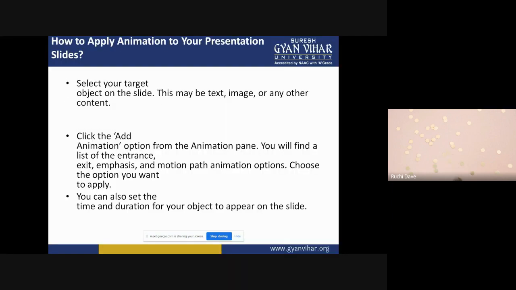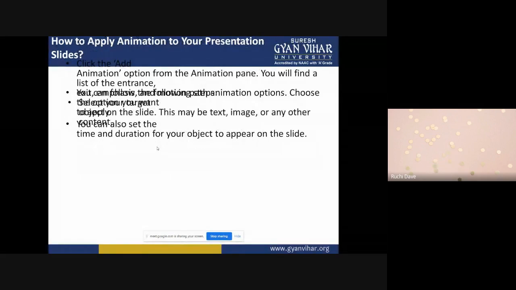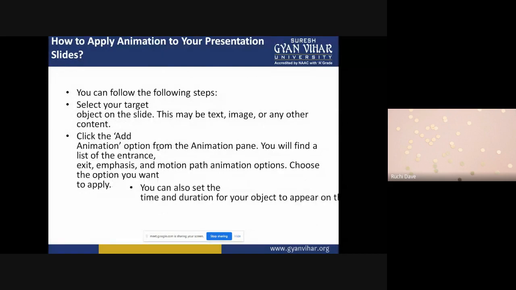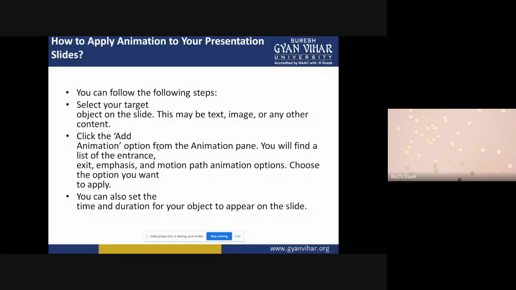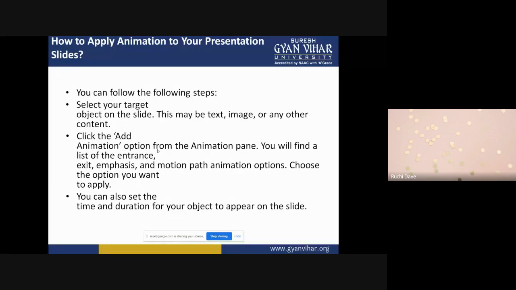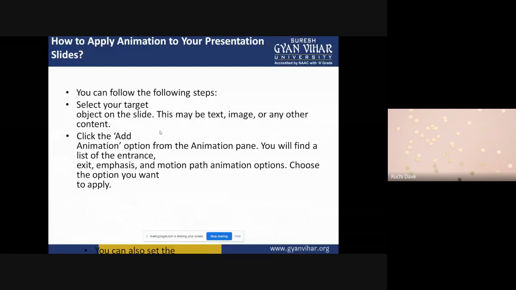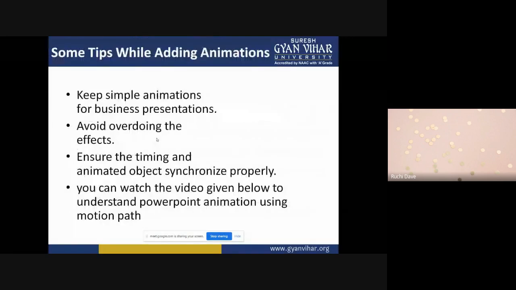Let's see how it happens. This is point star. So it's like you have given the points 1, 2, 3 like that. So you can actually give a point star like this and use it in your presentation.